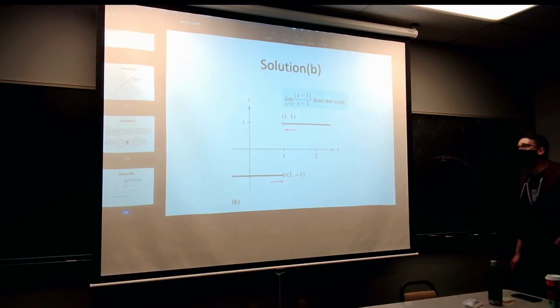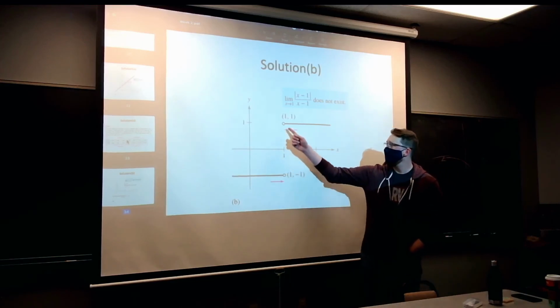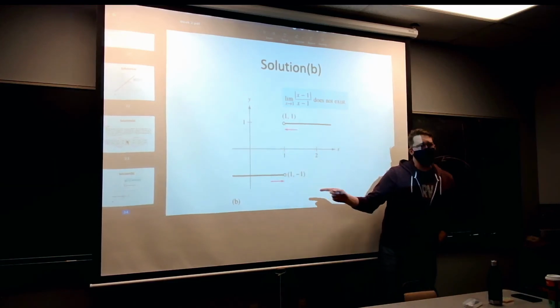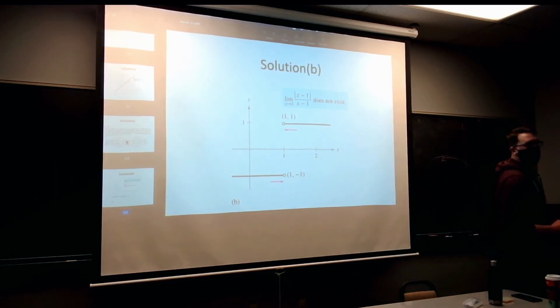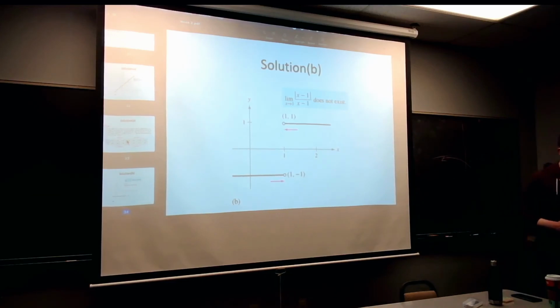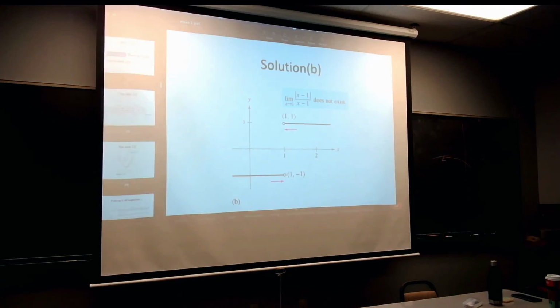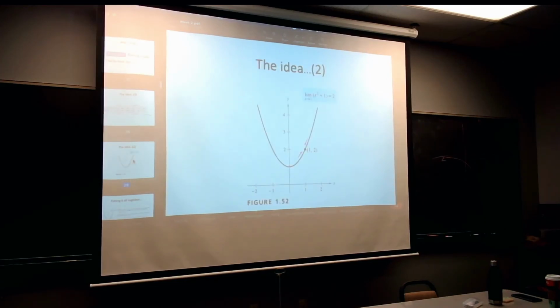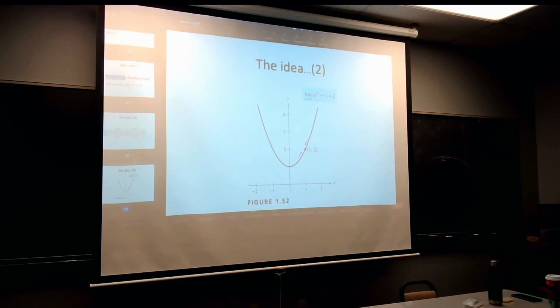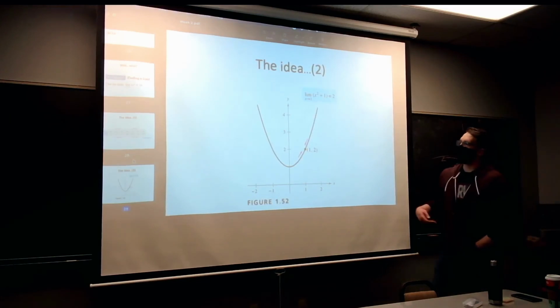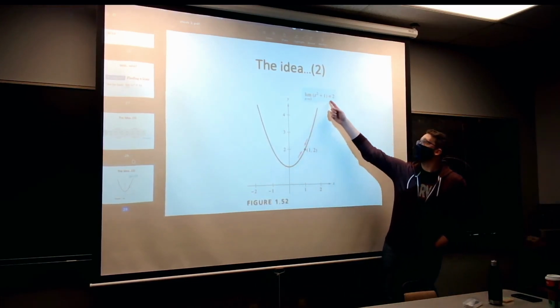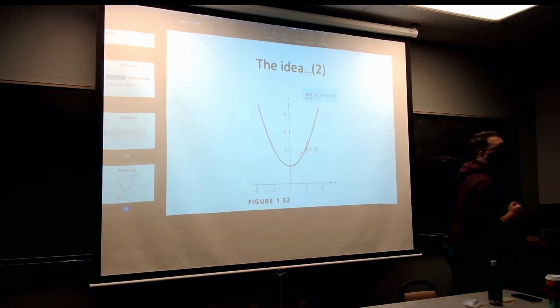Here, our limit doesn't exist, and our function doesn't have a value. Here, our limit exists, our function has a value, and it's equal to what our limit is.